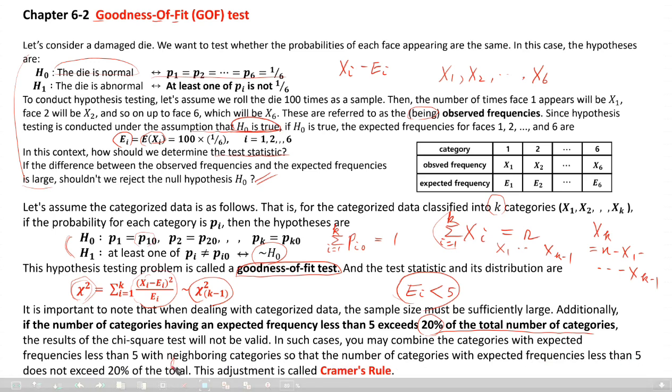Total means k. You understand that? You have to merge neighboring or related categories. If we have k categories and the result is within that limit, then that's okay. This adjustment is called Cochran's rule. It is very widely used for categorized data analysis. I will show a simple example later, in order to apply Cochran's rule.